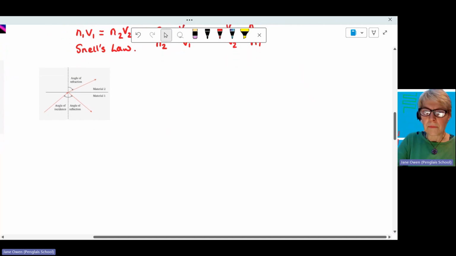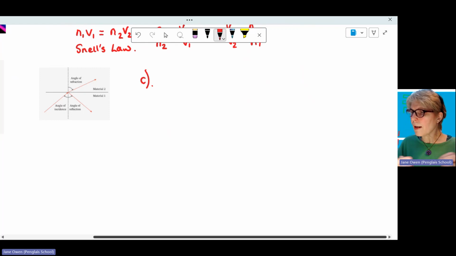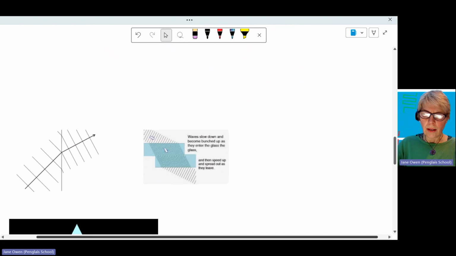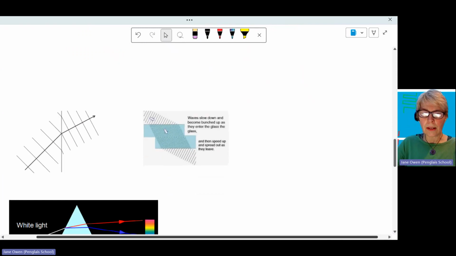Now, let's have a look at part C. We're looking at how Snell's law relates to the model of light propagation, specifically plane wavefronts.